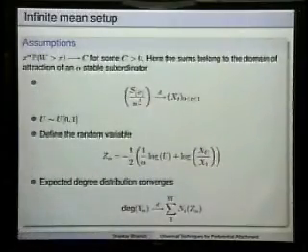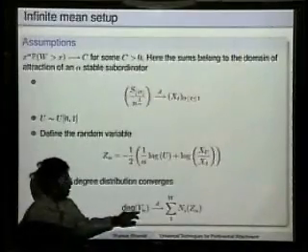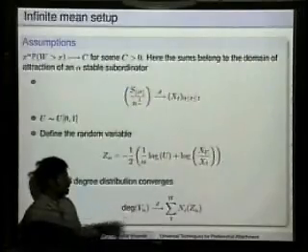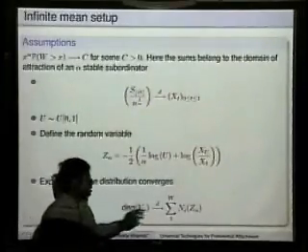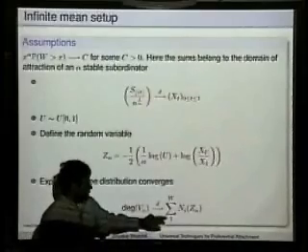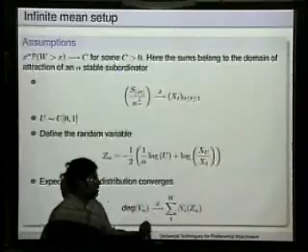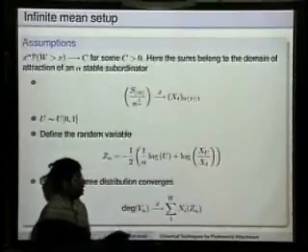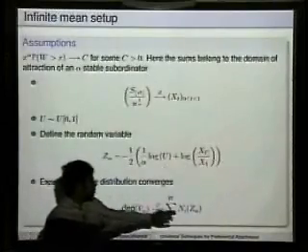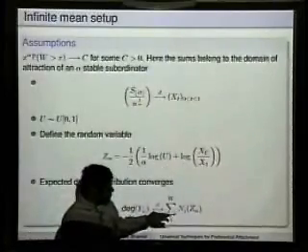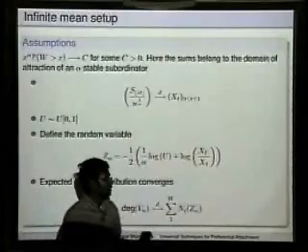Then what you can show is, if you pick a node at random in your network and ask what the degree of this random node is, it converges in distribution to the sum from i equals 1 to W of N_i, where the N_i are independent Yule processes, independent of everything else, and Z_alpha you have constructed like this. So you sum up W Yule processes and observe each of them for the same amount of time, Z_alpha.